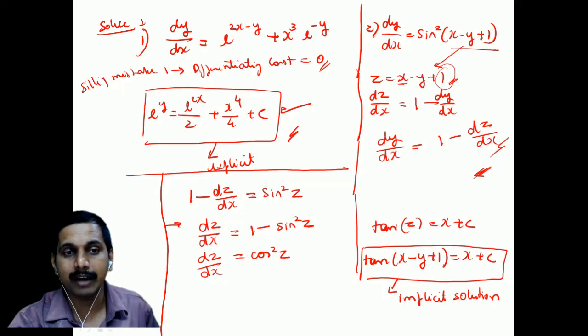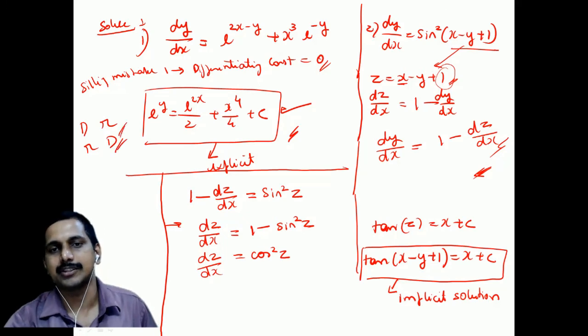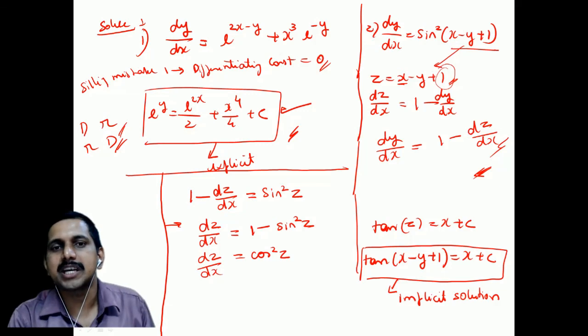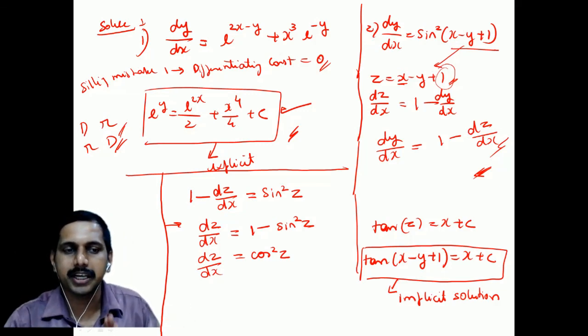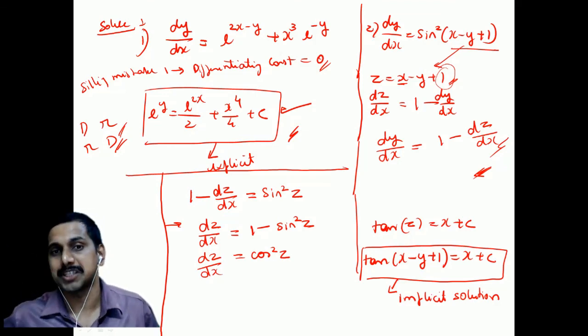Another silly mistake you generally make is taking the radius instead of the diameter, or the diameter instead of the radius, in the calculations. When you are pressurized, these kinds of mistakes will happen. You don't read the question properly. Like this you have to make a list of silly mistakes.